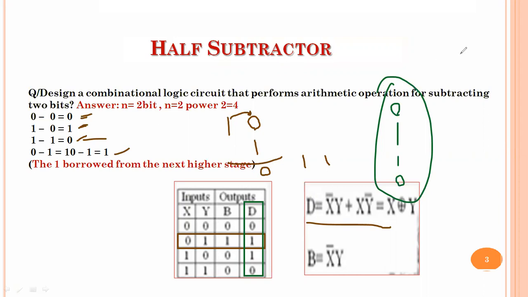XOR gate. The symbol is like this. And similarly for D, we have x XOR y. And for borrow, we will have this equation. In reduced form, B equal to borrow equal to x bar y. Clear?